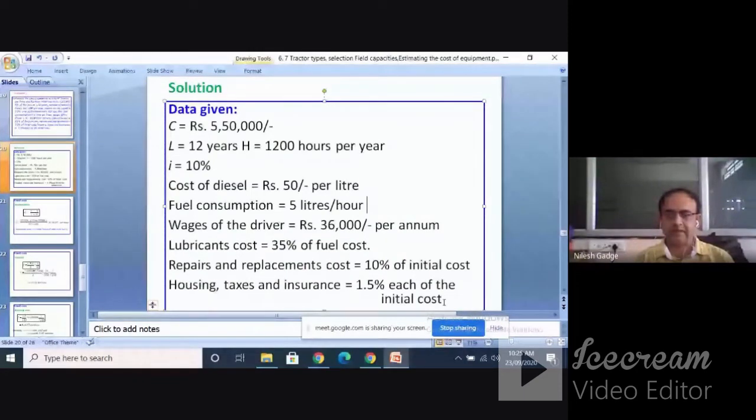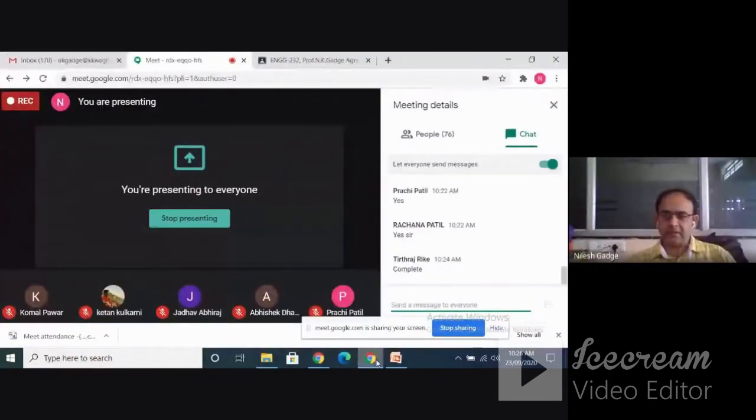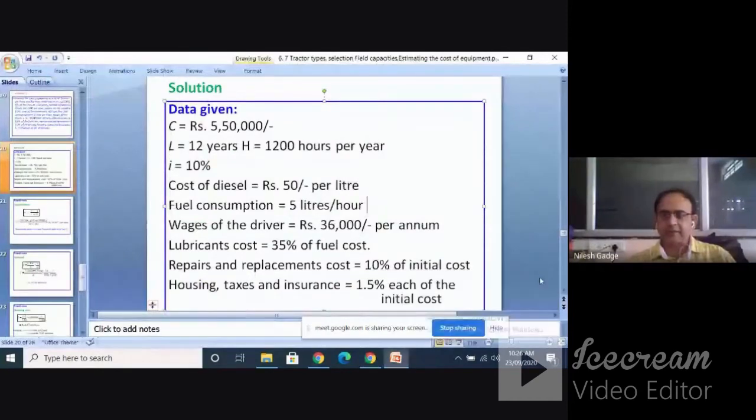Write down the given data. Do it fast. Tirthraj, you have finished, good, but others have to do that. So initial cost is this, the service life.